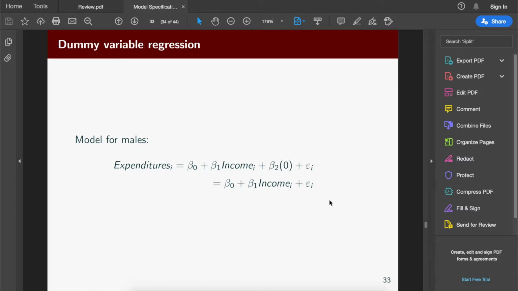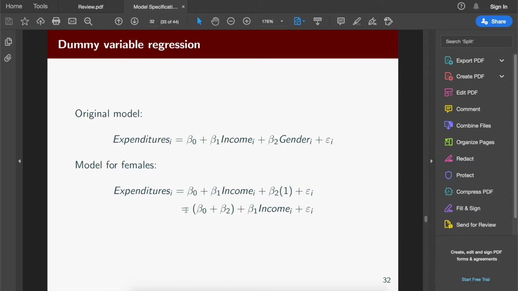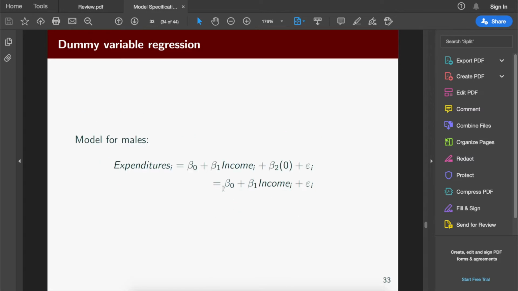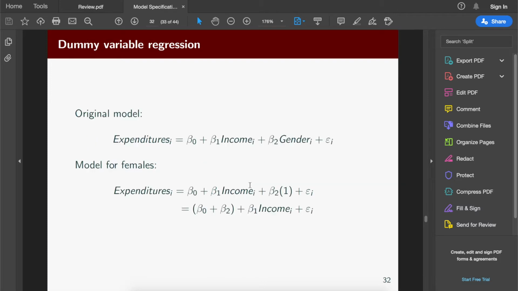And what we see is that for females, there's going to be an intercept of beta naught plus beta 2, and for males, the intercept is just going to be beta naught, while the partial effect of income on expenditures is beta 1 for males and beta 1 for females. Okay. So with this dummy variable regression, all we're seeing is just a parallel shift in the curve.